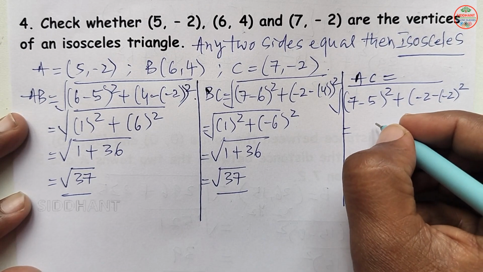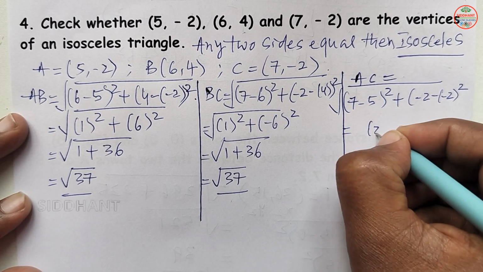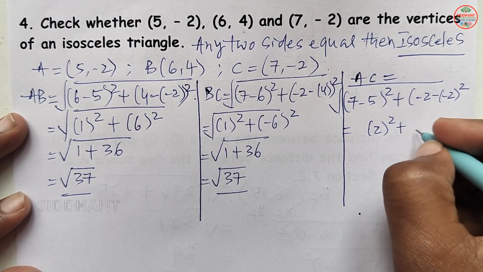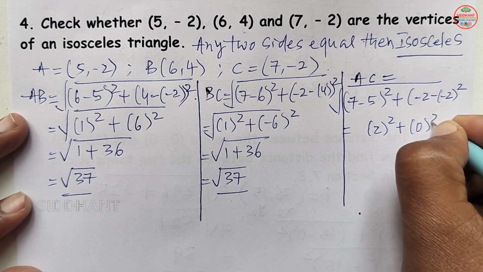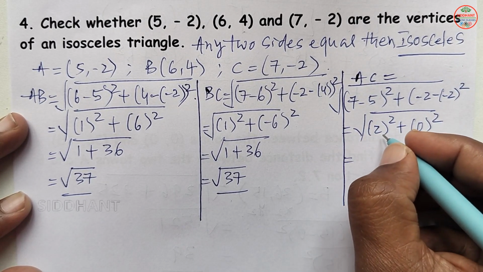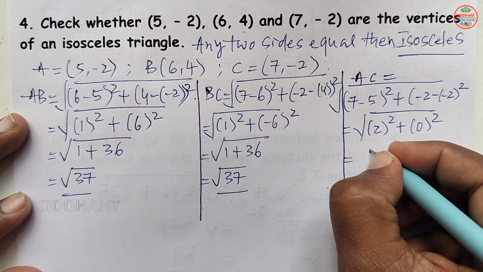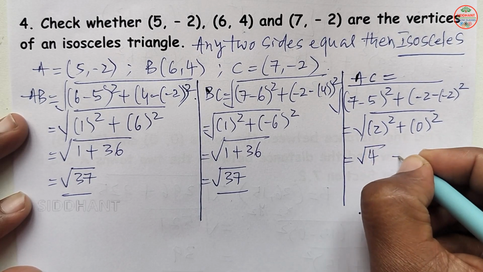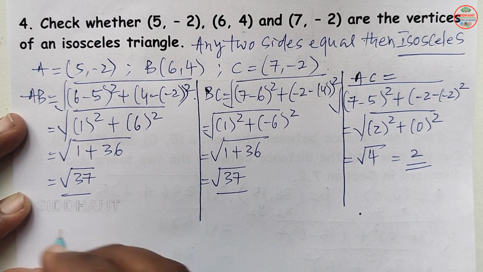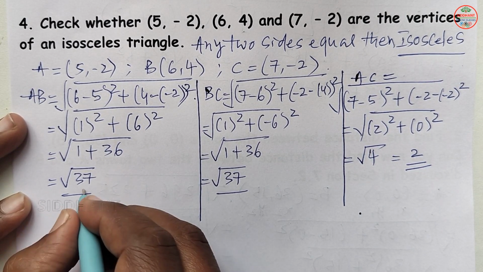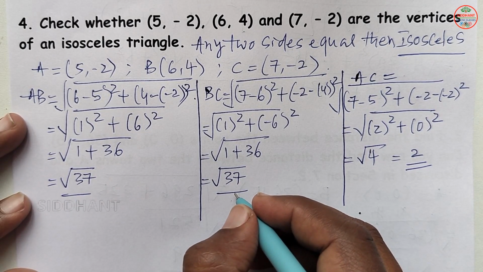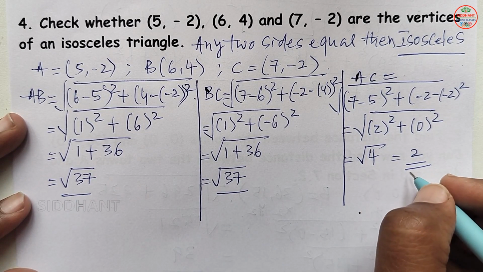So that will be 2 square plus minus 2 plus 2, that will be 0 here. So that equal to 2 square, which will be 4, root, that will be 2 here. So now we got AB square root 37, BC root 37 and AC 2 here.